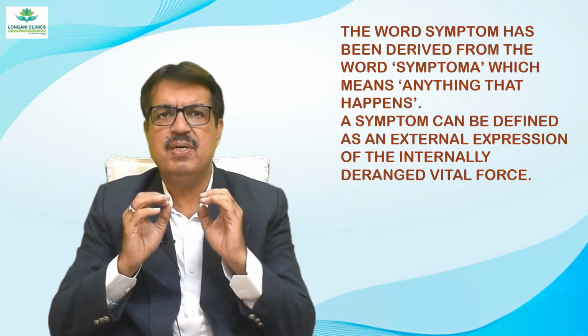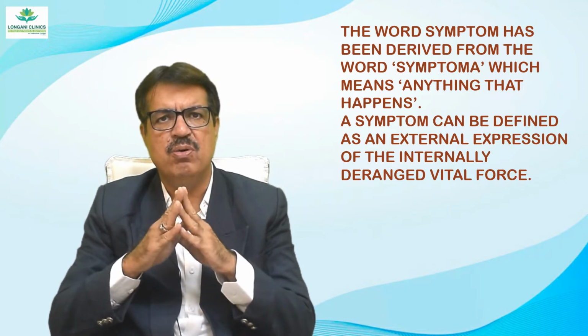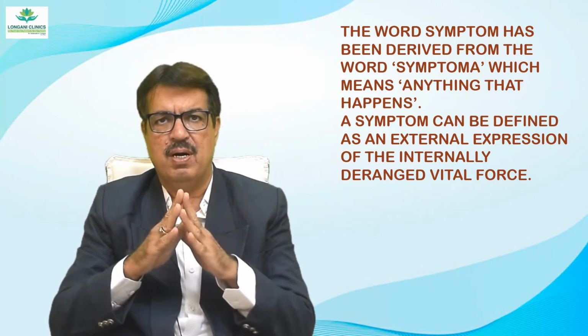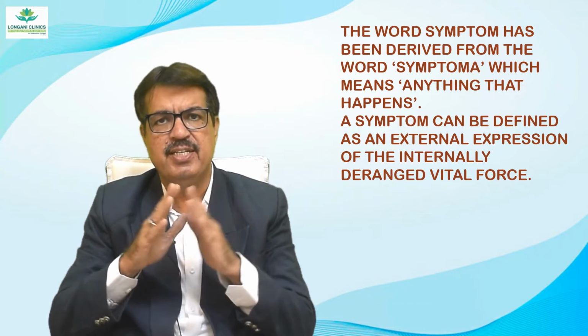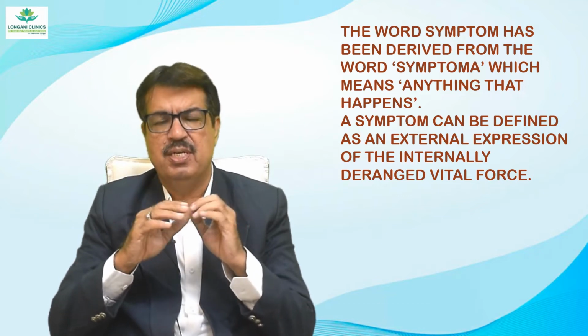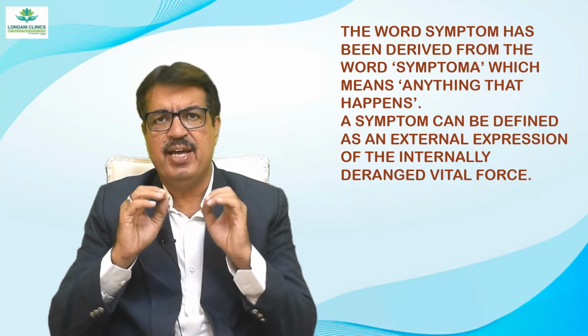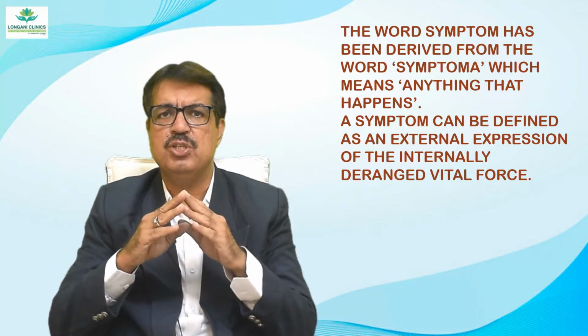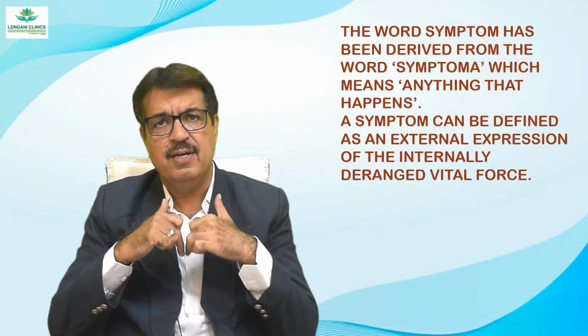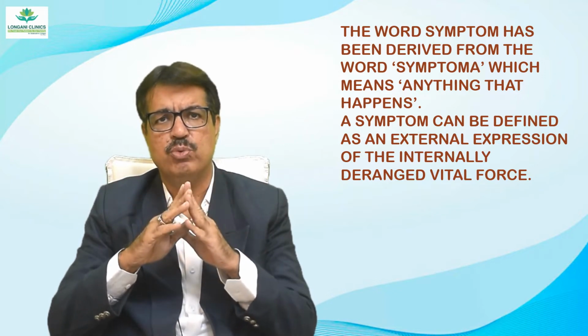Now first we'll see what is a symptom. The word symptom has been derived from the word symptoma, which means anything that happens. A symptom can be defined as an external expression of the internally deranged vital force.